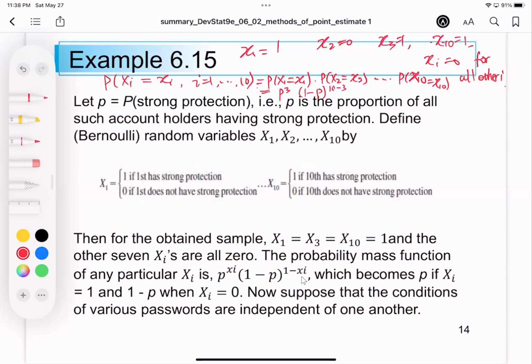So that's for this particular sample, and for this particular sample, we observed such data. The maximum likelihood method basically is trying to find what value of p could have made this probability highest, such that the data is observed.